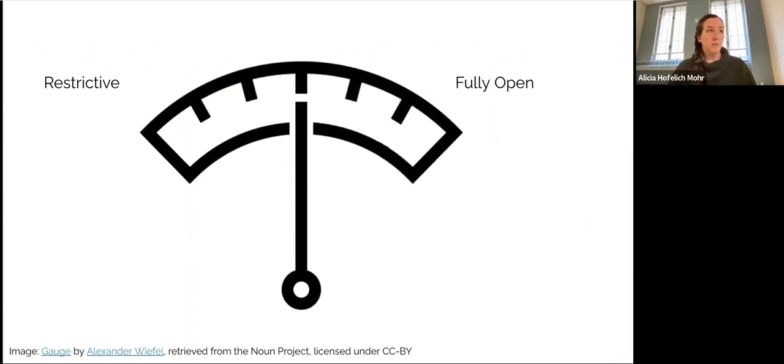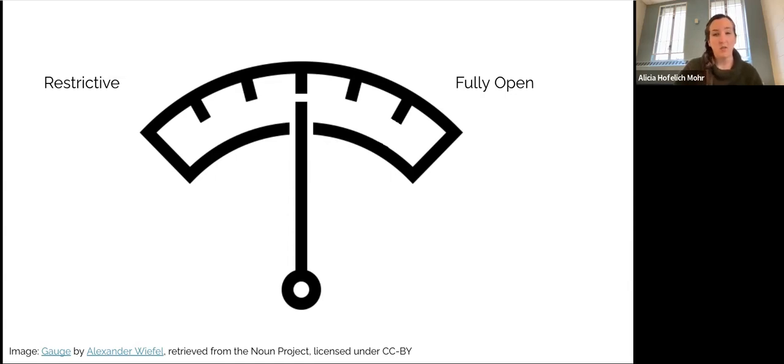So as many more people will be impacted by data sharing requirements, I just want to emphasize that what counts as sharing for funders and for journals is actually a wide spectrum, from restrictive to fully open. So on the more restrictive end, people who are interested in using existing data that's restrictively shared may need to submit an application.